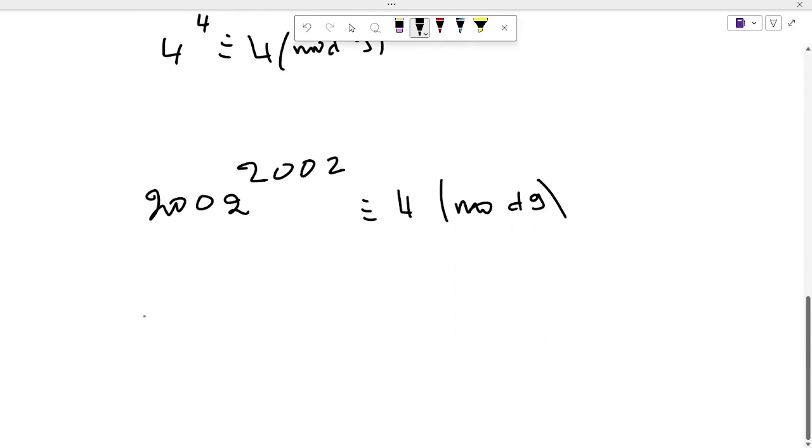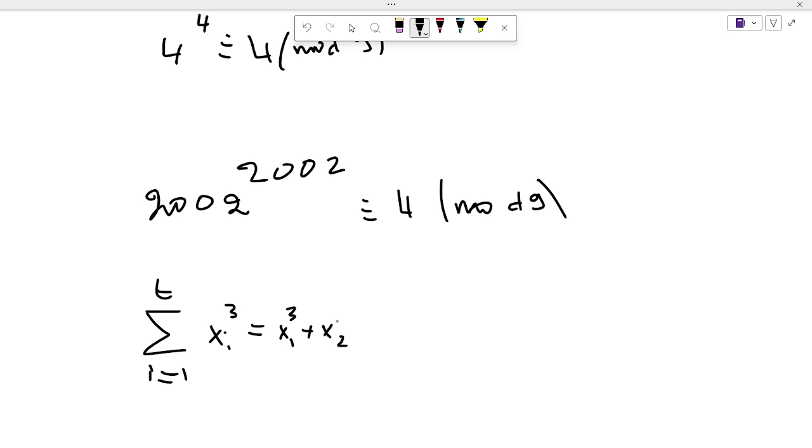which means that the sum from i equals 1 until t of xi to the power 3, which is the same as x1 to the power 3 plus x2 to the power 3 all the way up to xt to the power 3, is actually congruent to 4 modulo 9.